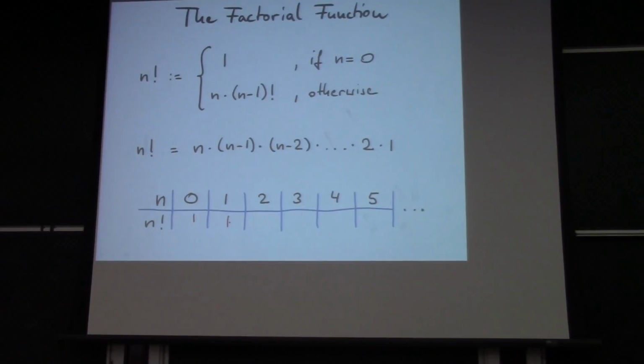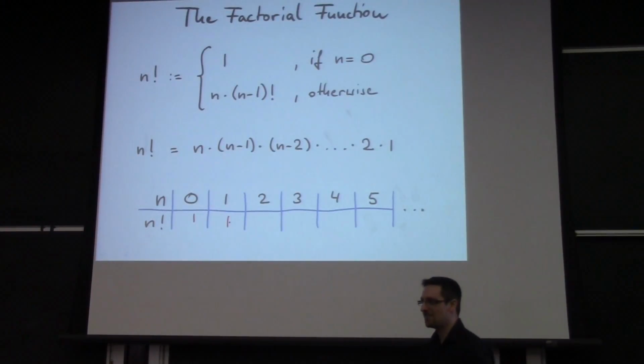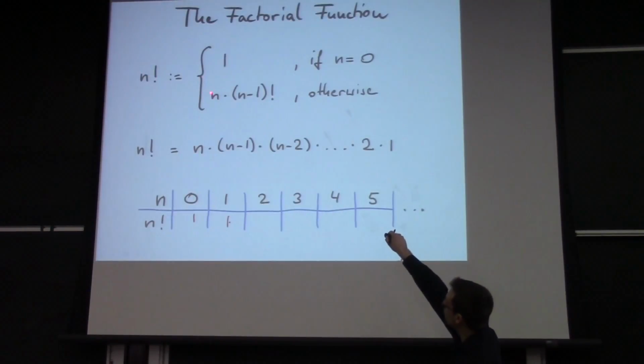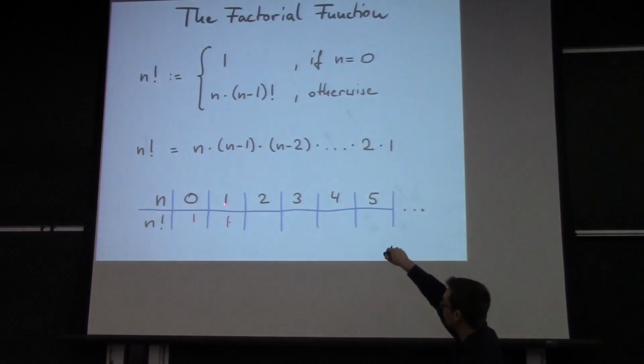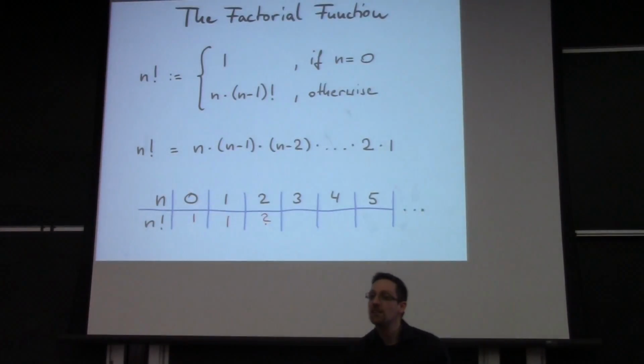So this is 1. Next, what is factorial of 2? Yes, 2 exactly. Again, we apply the rule. Now n is 2, and 2 times factorial of 1 gives us 2 times 1, which is 2. And the next one? Yes, 6. Exactly.